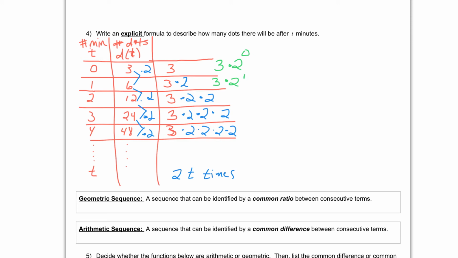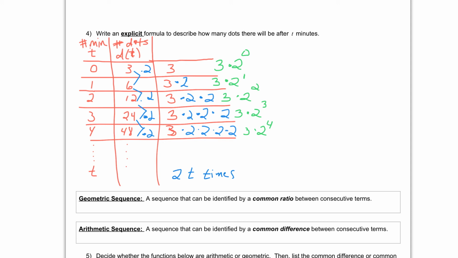So our exponent is 1. Then we multiplied 3 by 2 2 times, so our exponent would be 2. Then we multiplied the 2 3 times, so our exponent is now 3. Then we multiplied 3 by 2 4 times, so our exponent would be 4.